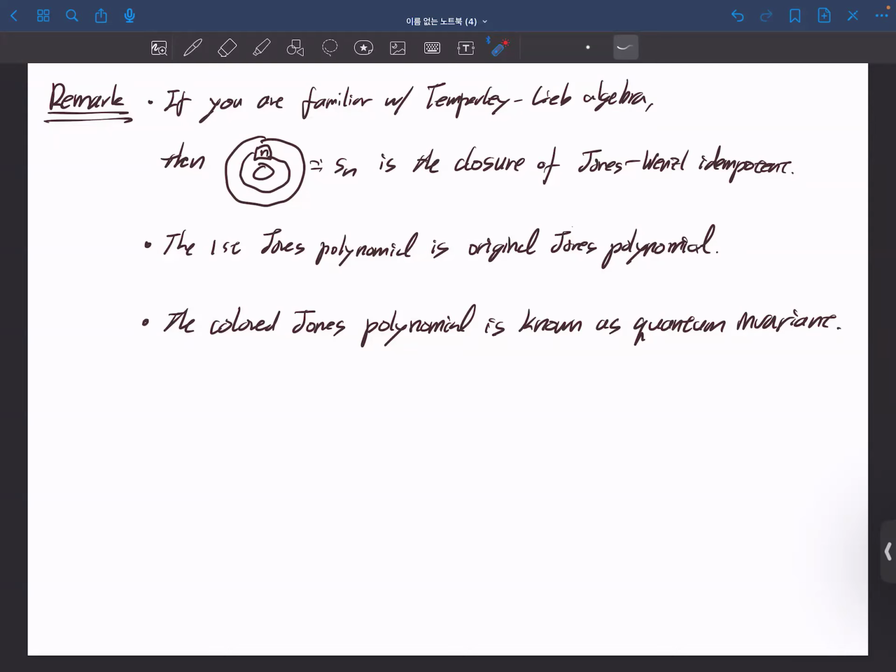So next time I will talk about how three-manifolds are represented by knot diagrams and how we will define polynomial invariants by using such a representation. And that's all for today, I think.